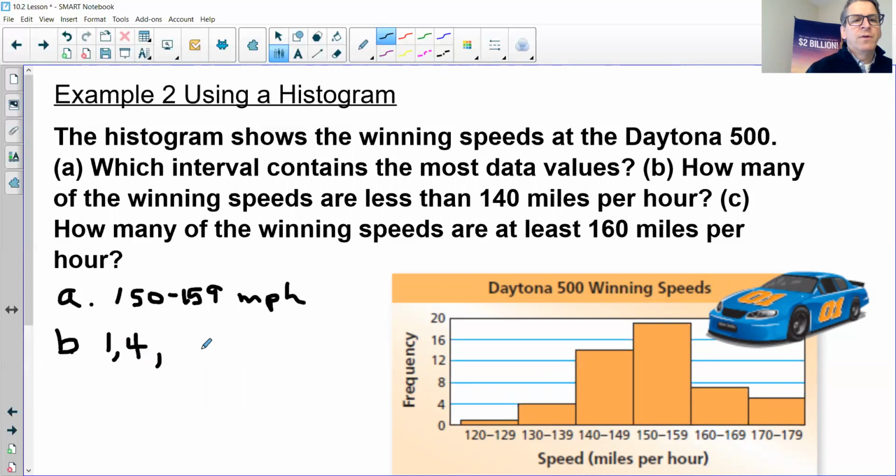So 1 plus 4 is equal to 5. So we have 5 times winning speeds are less than 140 miles per hour.